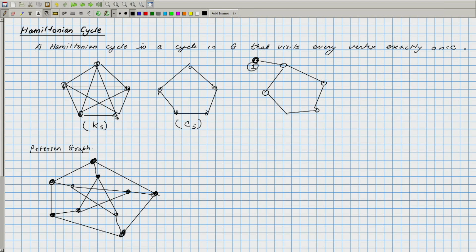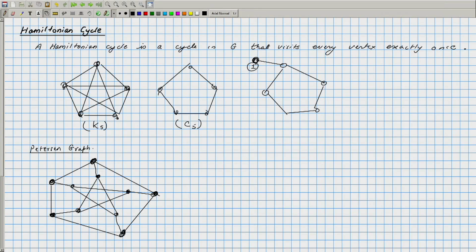You can look at the graph, stare at it for a few minutes and figure out if it does contain a Hamiltonian cycle. If it does not contain a Hamiltonian cycle, what we have to show is that no matter how you walk in this graph, you can never start at a vertex and reach back at the same vertex after visiting every vertex exactly once.